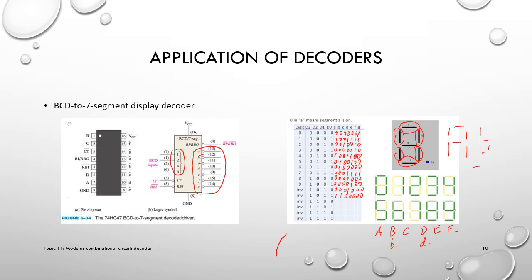To display C, B, C, G are off. Right? And for small d, basically A and F are off. And for E, B and C are off.